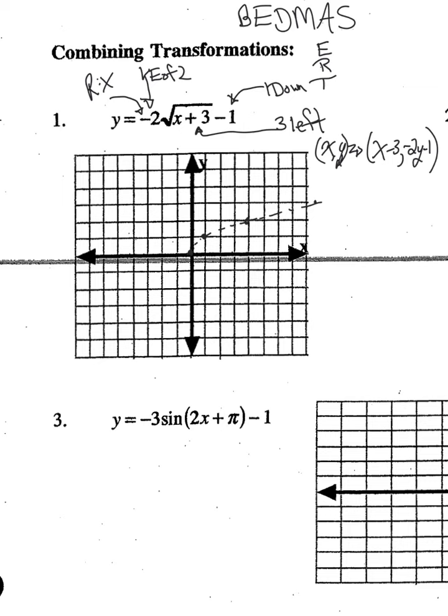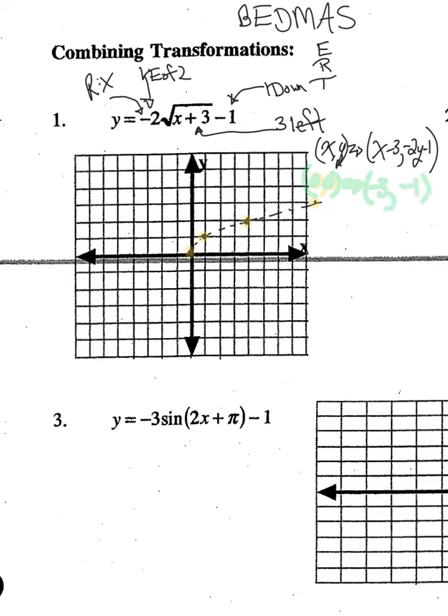So in order to get this graph, I'm just going to use key points. Key points here: 0, 0; 1, 1; 4, 2; and 9, 3. If I put them through that transformation, the point 0, 0 would transform over to 0 minus 3, negative 2 times 0 minus 1.